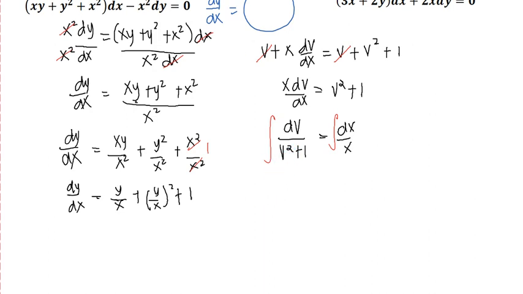So, ang imong integral is arctan v. Okay, so just review lang sa inyo nga integral. So this is arctan of v is equal to, so integral of dx over x, that is ln x, plus c.